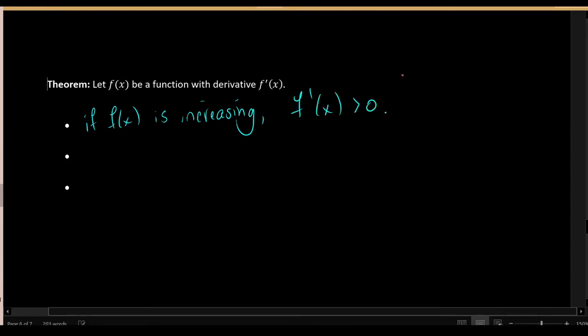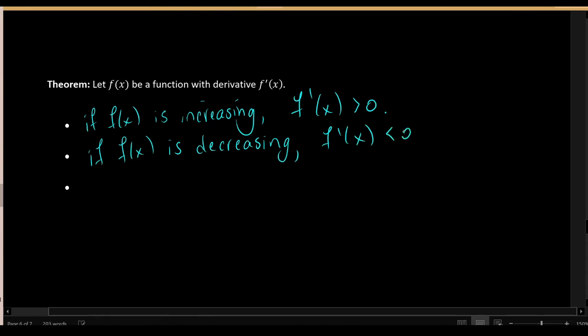So I'll represent that by greater than 0. If the original function is decreasing and tilted down, then the derivative, the slope of the tangent line, is negative. And if the original function is flat, f prime is going to be equal to 0 exactly.